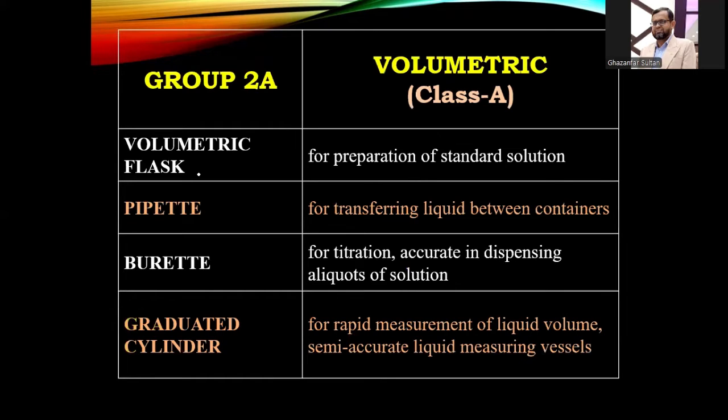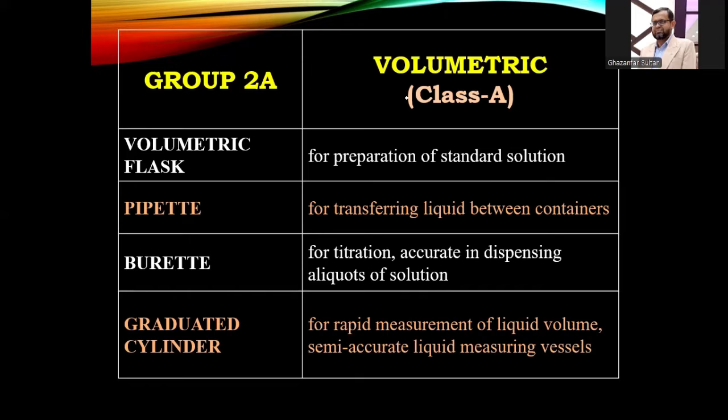Now group 2 are the volumetric apparatus. Volumetric apparatus are those apparatus which have certain graduations that mark the volume, and volume can be measured. And there are two classes of volumetric apparatus.